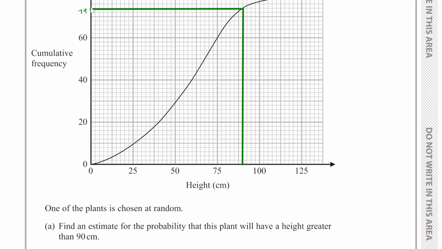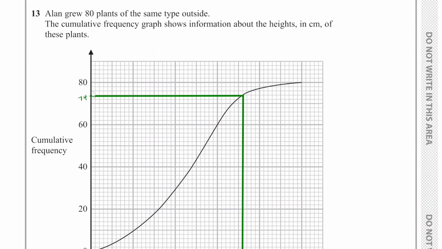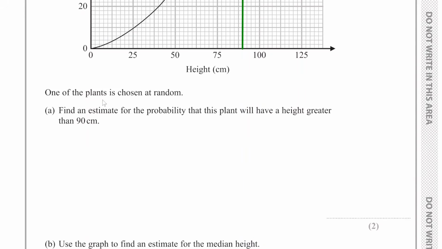How many is greater than 90? So what's the gap? There are 80 plants in total. So there are 6 with a height greater than 90 out of 80 in total. So the probability is 6 out of 80.